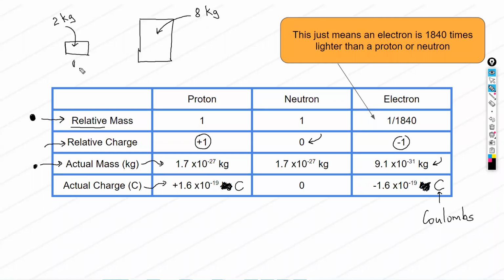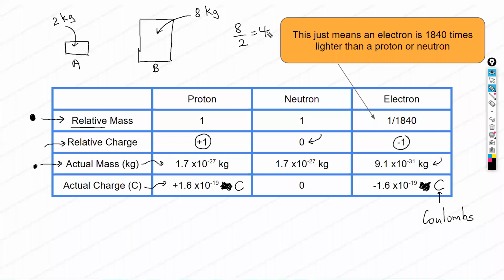So I'll call it block A, and I will call it block B. Block B is clearly heavier. I think you all could agree with that. But here's my question. How much times is it heavier than block A? Simple calculation. We know block B is heavier, but by how much times? Everybody is going to say 4, right? Because 8 divided by 2 is 4, right? So block B is 4 times heavier than block A.